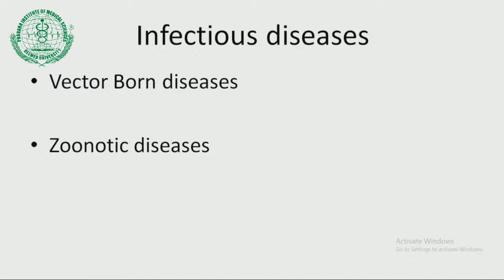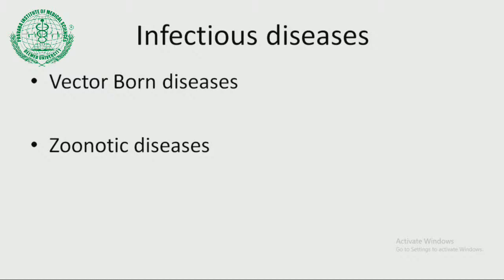So you should know the definitions of vector-borne diseases and zoonotic diseases, and you should know the difference between these two. They are not mutually exclusive. Many of the vector-borne diseases can be zoonotic diseases and vice versa, and some of the examples of these two are mutually exclusive.